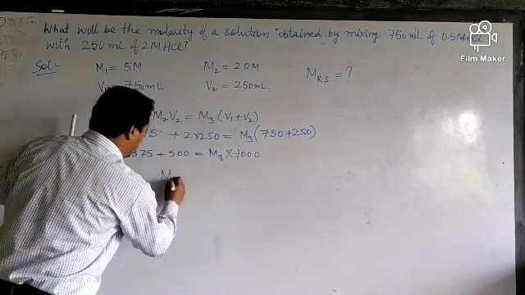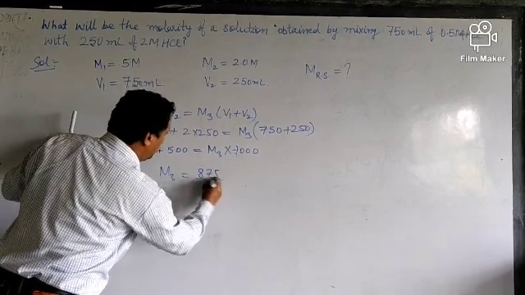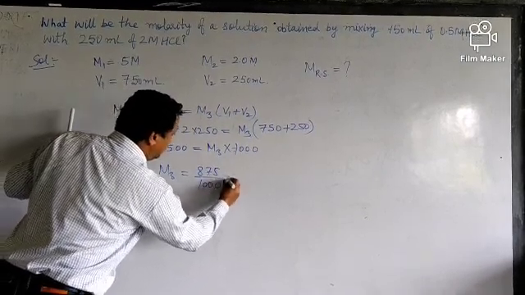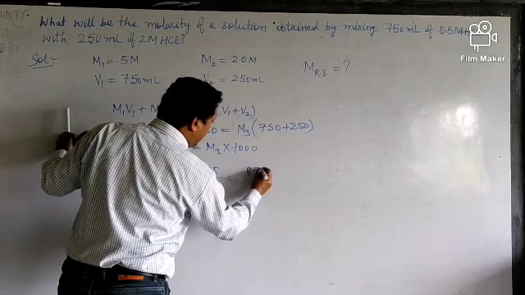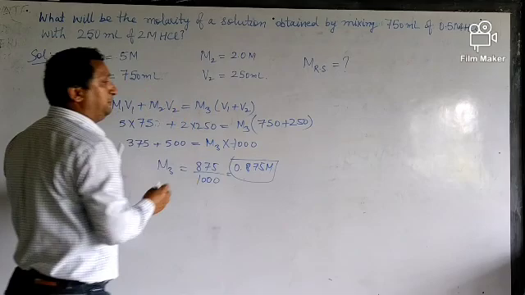So molarity is equal to how much? This comes to 875 upon 1000. It is equal to 0.875 molar. So these types of questions can be asked.